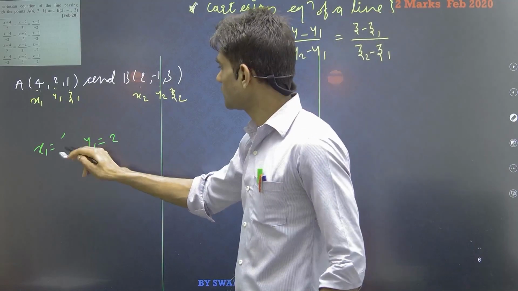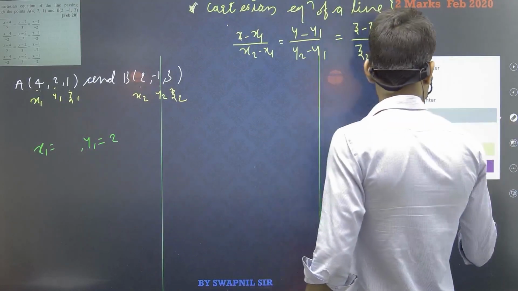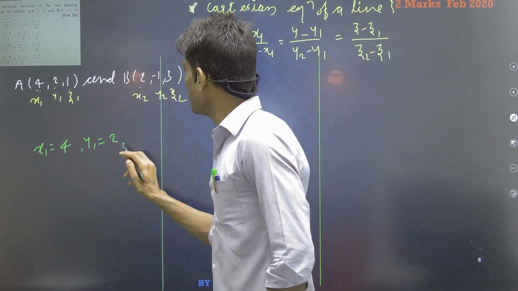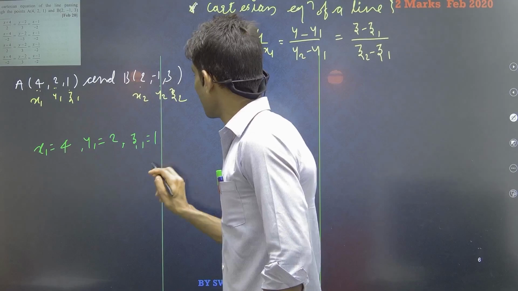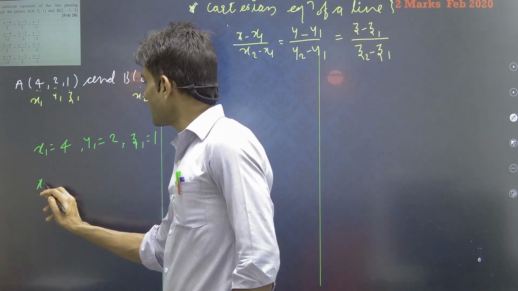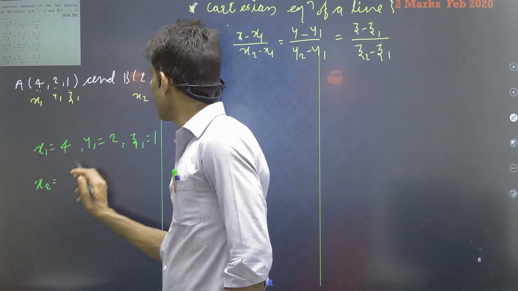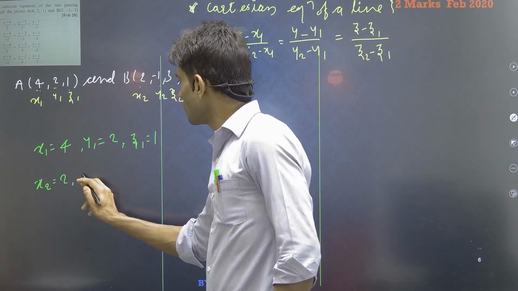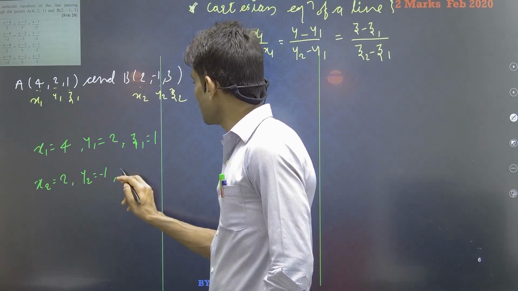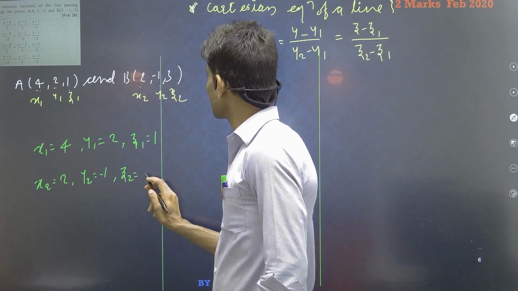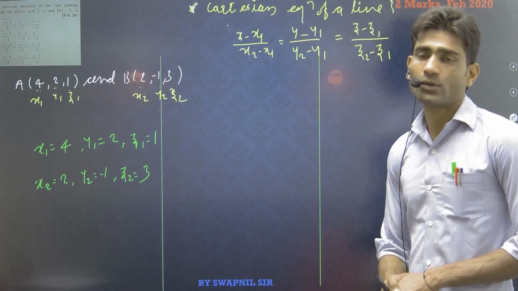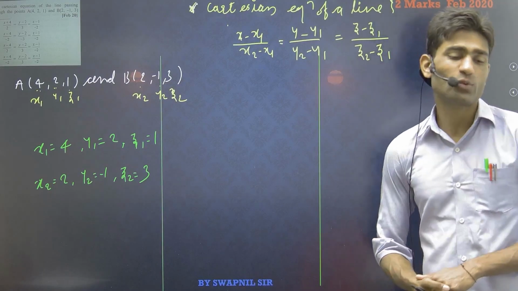The value for x1 is 4, y1 is 2, and z1 is 1. Similarly, the value for x2 is 2, y2 is -1, and z2 is 3. So we have the values for x1, y1, z1, x2, y2, z2.